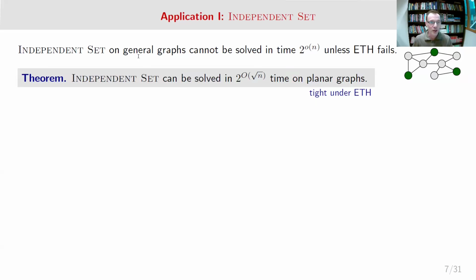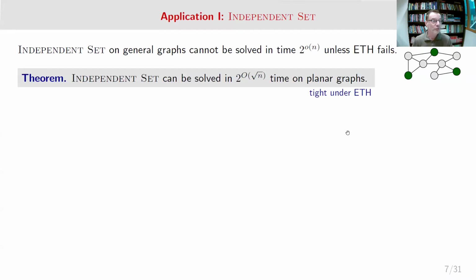And in general graphs, you cannot do this in sub-exponential time, meaning you cannot get anything of the form 2 to the little o of n, if you assume the exponential time hypothesis. On planar graphs, however, you can do a lot better, namely 2 to the order square root of n. And that's actually also best possible if you believe the exponential time hypothesis.